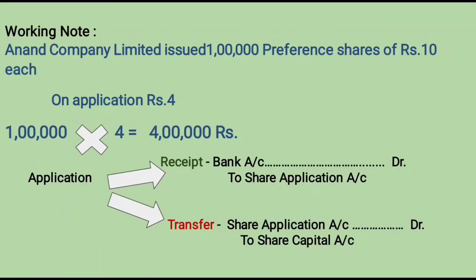So on application stage, first we have to pass receipt entry and then transfer entry. So your receipt entry is bank account debit to share application account, and for transfer entry you have to write share application account debit to share capital account. Now this entry we have to write in journal entry.